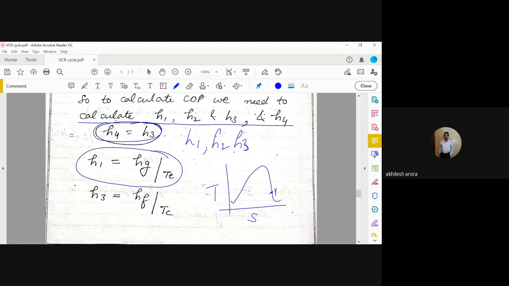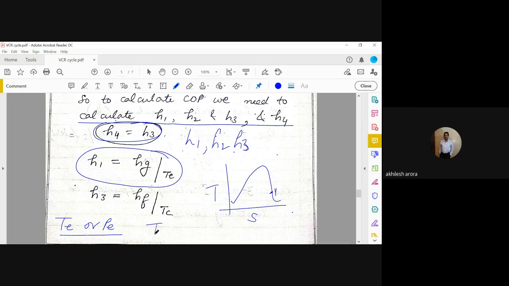See, in a numerical problem, you may be given either the value of T or P. Both these are dependent on each other. If you know the evaporator temperature, the evaporator pressure is the saturation pressure corresponding to the evaporator temperature. And simultaneously, if the pressure is given, we can find the saturation temperature corresponding to the evaporator pressure.